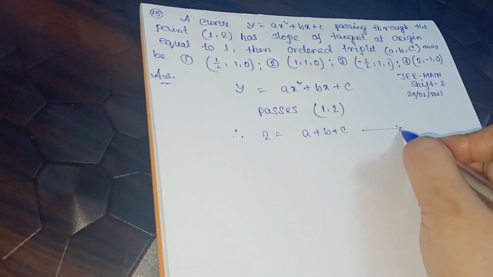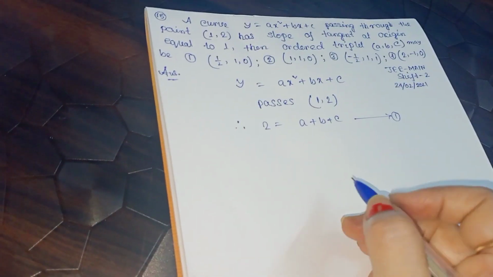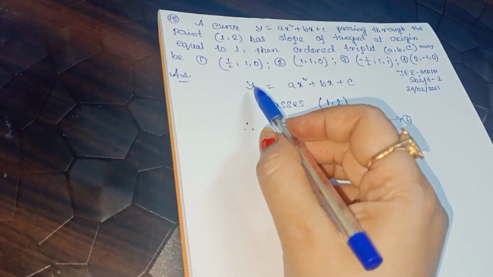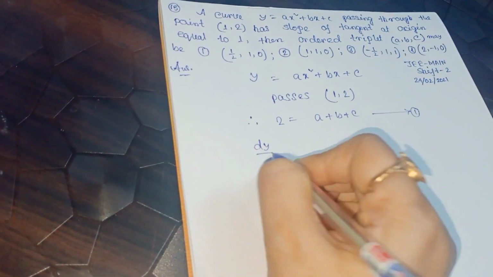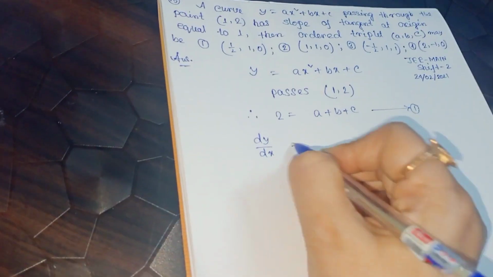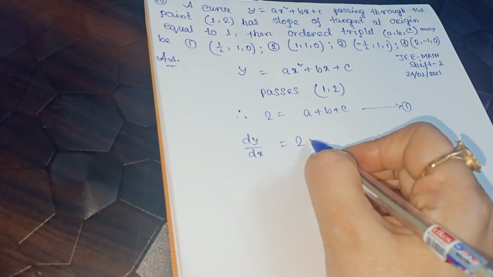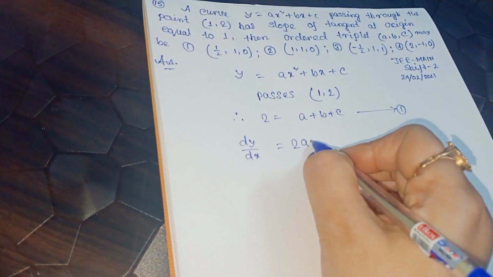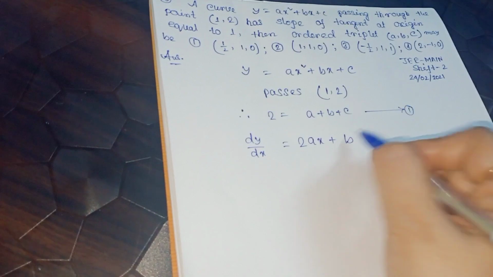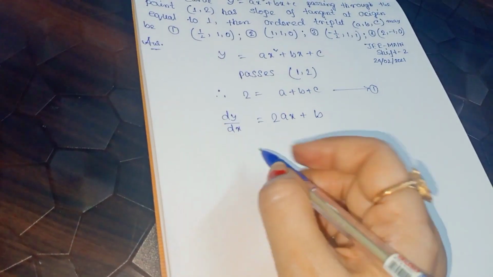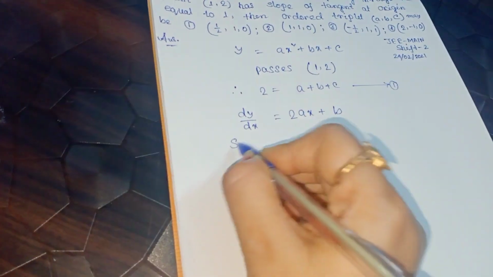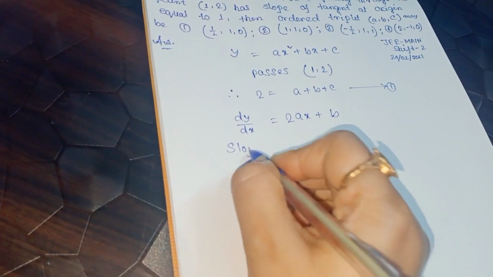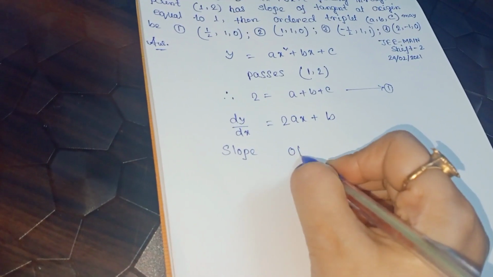So this is equation 1. Now differentiating this, dy/dx = 2ax + b. Now, the slope of the tangent at origin.